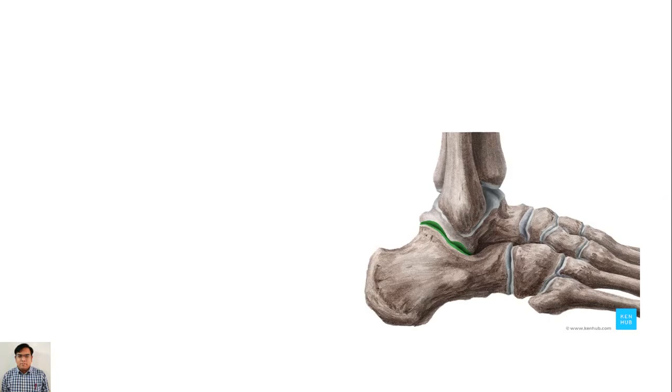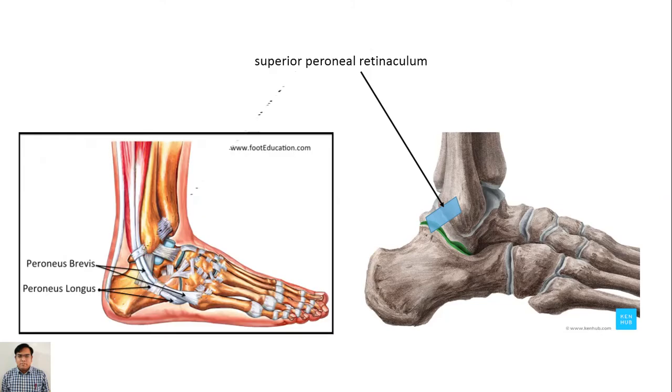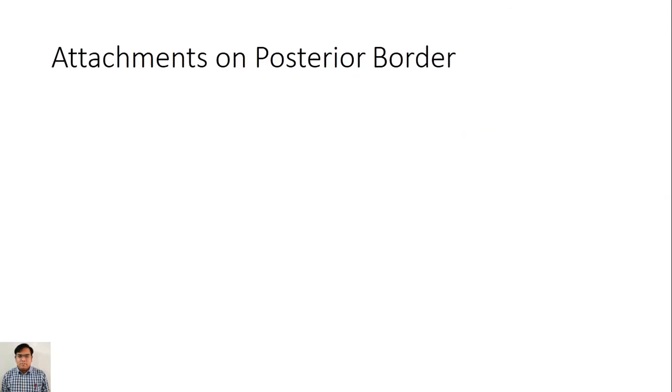On the lateral side, it gives attachment to the superior peroneal retinaculum. Underneath this, peroneus longus and brevis are present, as shown in this photograph. This is the superior peroneal retinaculum.